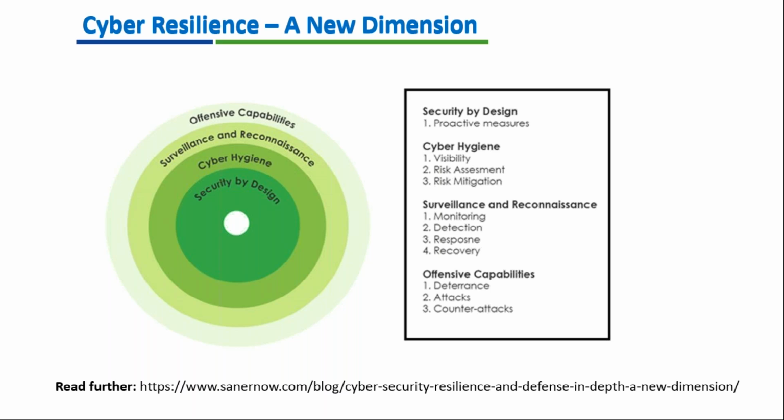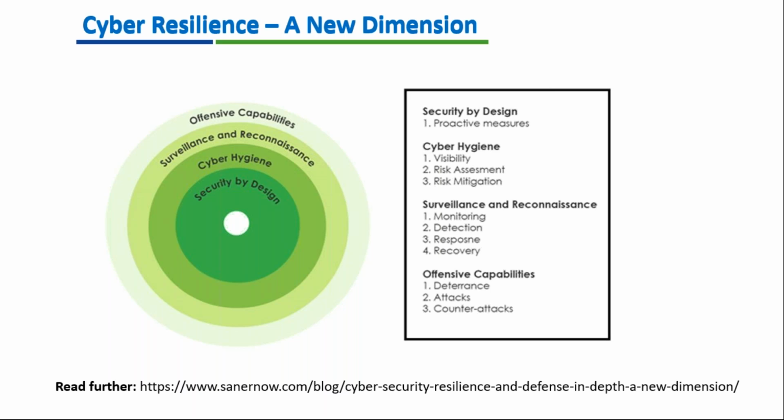So the IT environment or the digital world is constantly changing. New systems are coming in place. People are moving here and there. So it's important to have continuous visibility to all the IT assets, perform the risk assessment continuously, and have risk mitigation in place continuously.